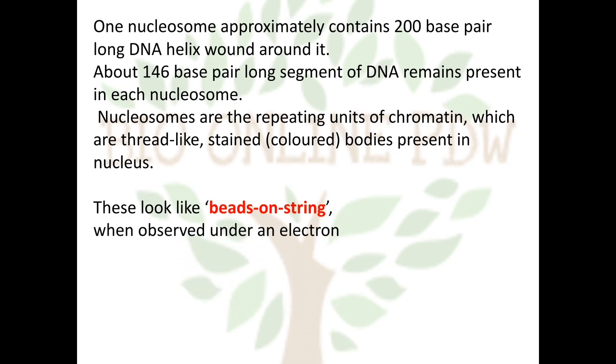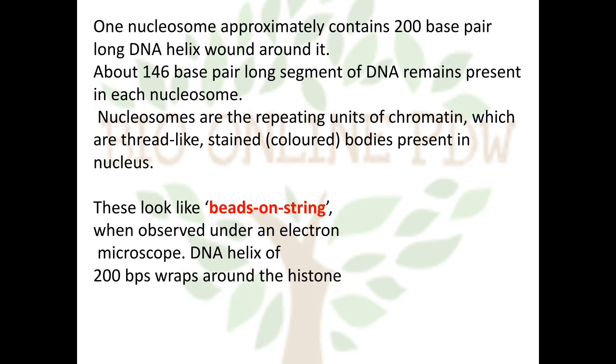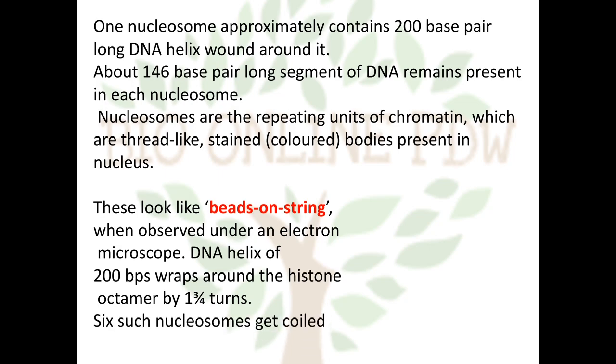These look like beads on a string when observed under an electron microscope. The DNA helix of 200 base pairs wraps around the histone octamer in 1 and 3/4 turns. 6 such nucleosomes get coiled and then form a solenoid.